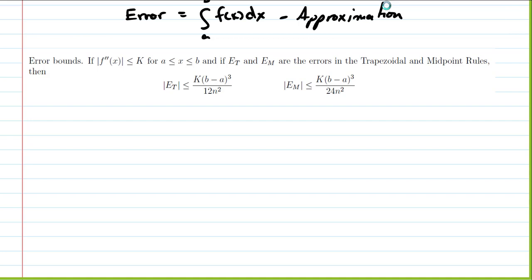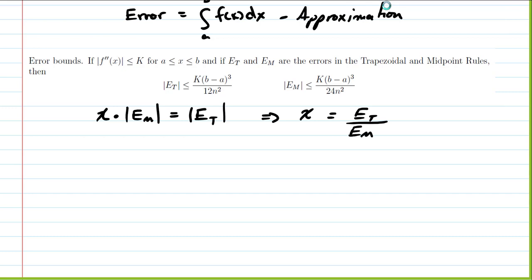So essentially the question we are asking is how many times, so x times e sub m equals e sub t, right? So solving that equation for x, we get x is equal to the error in the trapezoid rule divided by the error in the midpoint rule.